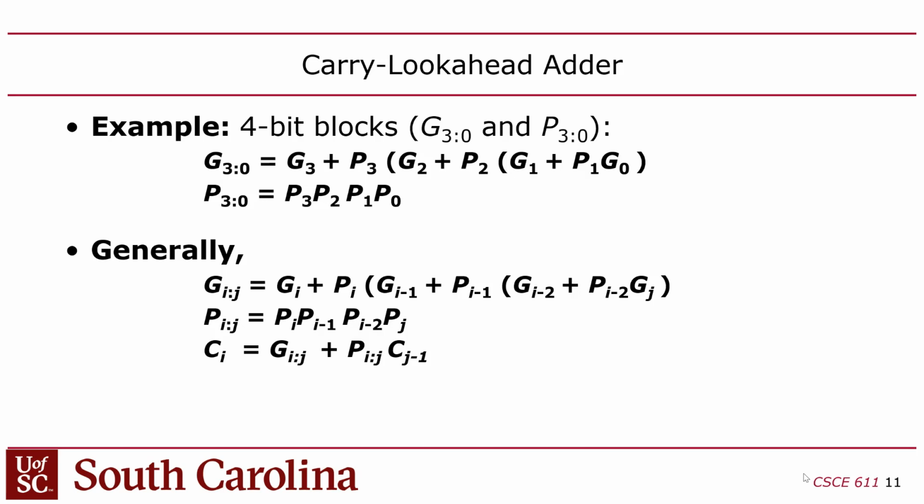That would be if all the propagate bits were set to 1: propagate 3 and propagate 2 and propagate 1 and propagate 0, right? Make sense? So this is just using the internal propagate and generate signals to figure out the whole block. I'm creating this notion of a block propagate and generate. The block propagate and generate is the same thing as for the individual bits; it's just applied over a range of bits.